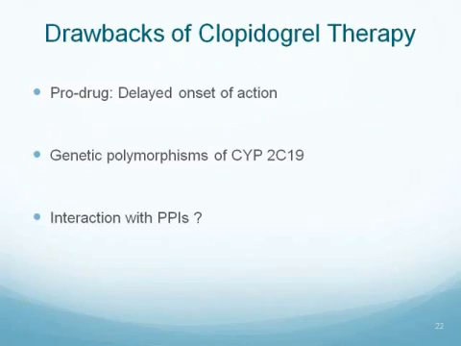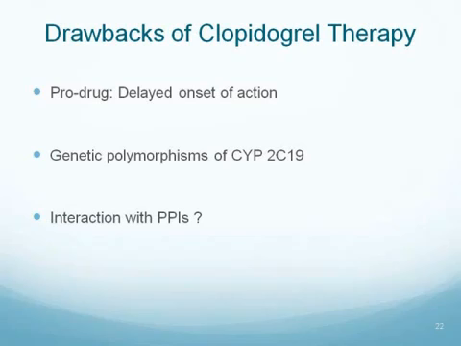Now, there are some drawbacks about clopidogrel therapy. It is a prodrug, meaning that it has to undergo metabolism in order to become active. And there has been a lot of literature within the last couple of years about the genetic polymorphisms, particularly on the CYP2C19 metabolic pathway, and that's one of the major pathways that clopidogrel uses in order to become active.